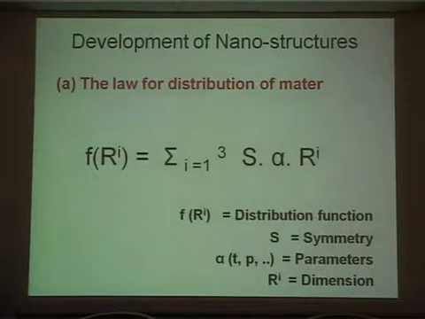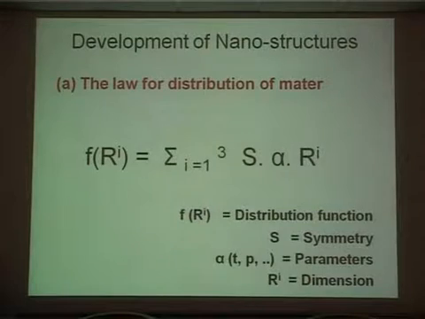Presently I do not know all the symmetries, but in this context, in the solid state, it can be crystallographic symmetry. And these are the sets of parameters all the experimentalists around the world play with to make different types of nanoparticles: temperature, concentration of the solution, substrate, electric field, magnetic field, or other parameters. And this is the nano dimension of the particle.